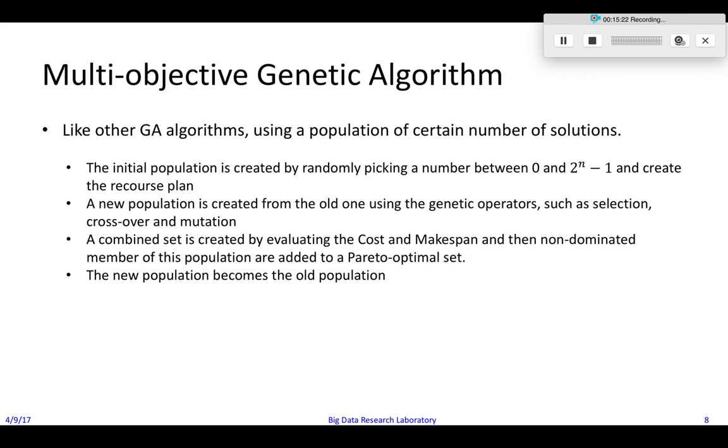The initial population is created by randomly picking a number between 0 and 2 to the power n minus 1, and then creating the resource plan. A combined set is created by evaluating the cost and makespan functions, and then the non-dominated members of this population are added to the Pareto optimal set. Then a new population is created from the old one by using genetic operators such as selection, crossover, and mutation. And then the new population replaces the old population.